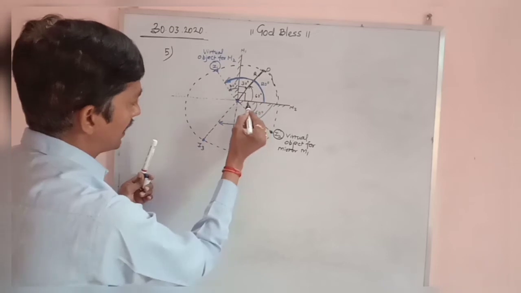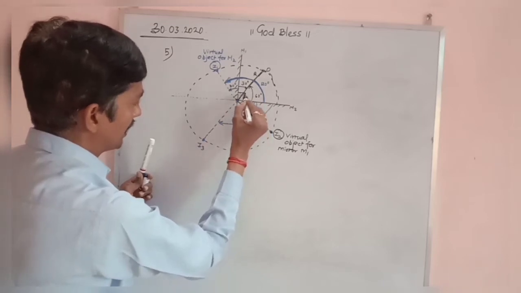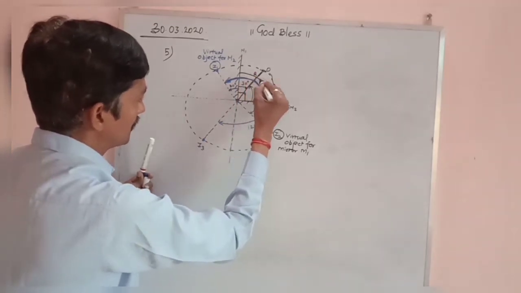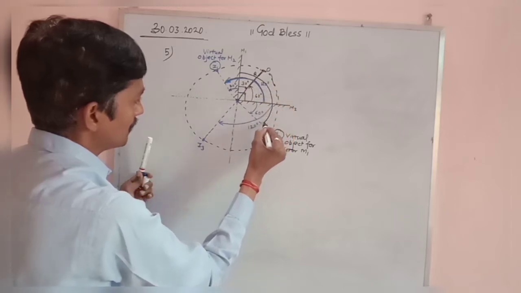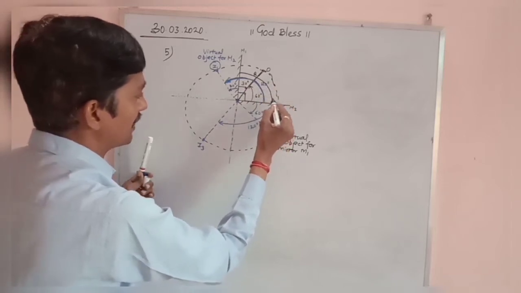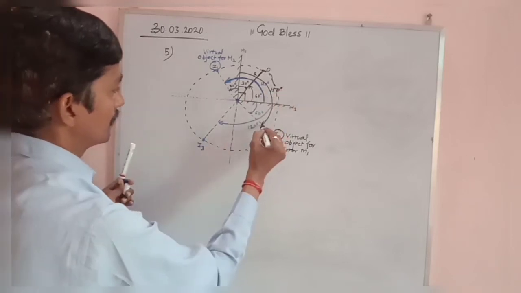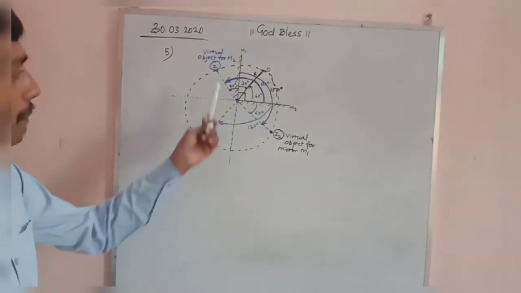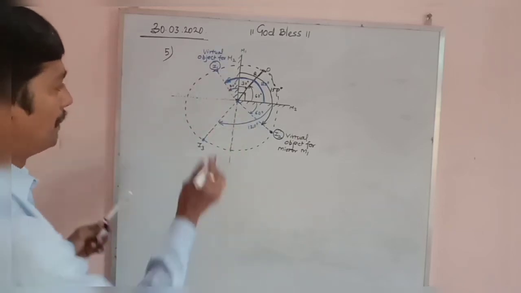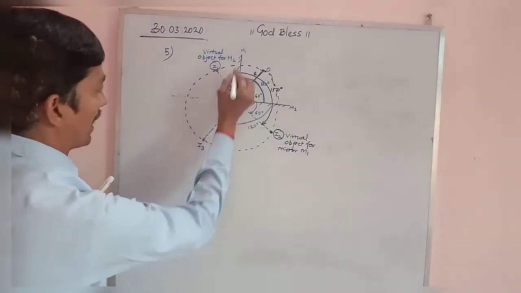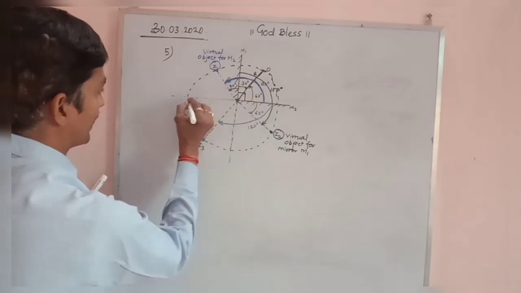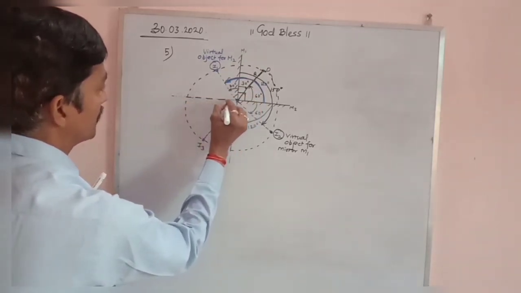So how much is this? This is 60. So this entire is 150 degree from mirror M1. And mirror M1's 90 degree is here. You can see this is M1. This is 90 degree of mirror M1.